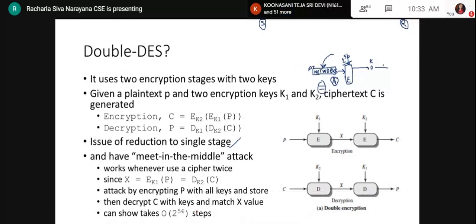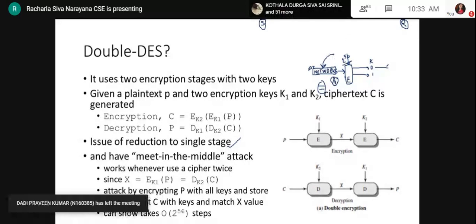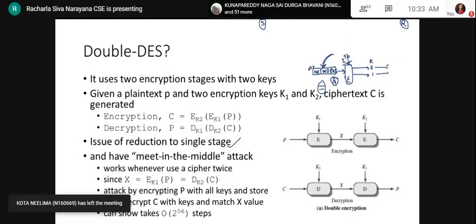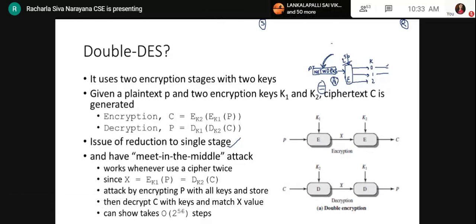Now he takes 55 zeros and a 1, applies it on this plain text block and performs DES encryption, and he gets another cipher text. Then key 2, applied on this plain text block, performs DES, and he gets a different cipher text, and so on.